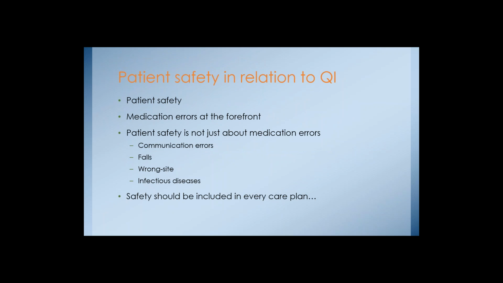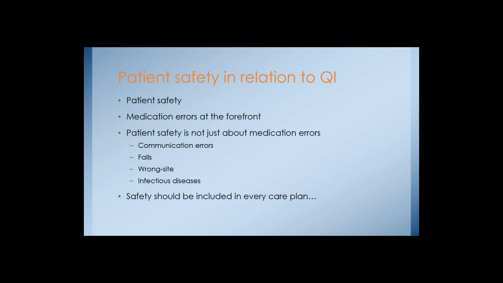Patient safety in relation to quality improvement is really important. When we talk about safety, we're talking about the freedom from accidental injury. Not all patient safety is specific to errors, but errors are fairly common when we're discussing patient safety. It's something that just automatically comes to our head, the errors that happen all the time.